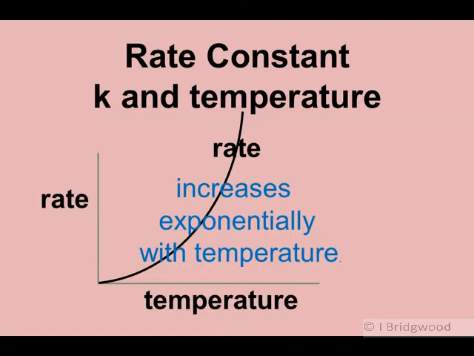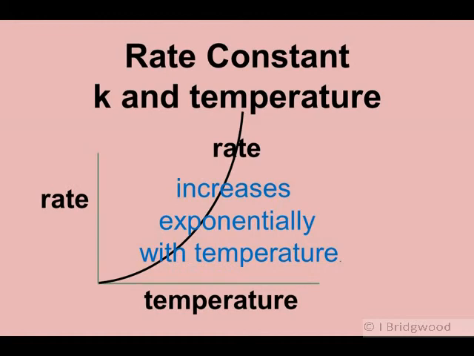Now, how can we relate this to the rate constant? Well, we know that the rate constant k is a constant at constant temperature. But if you think about the rate expression, as you increase temperature, whilst the rate increases, the concentrations of the reactants don't increase.